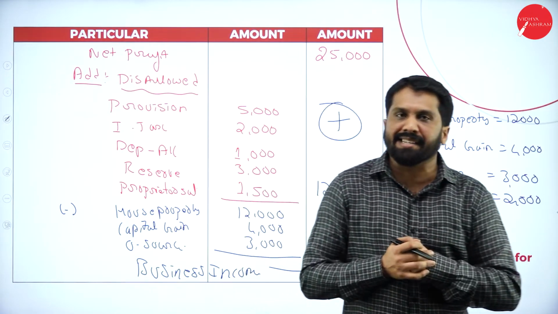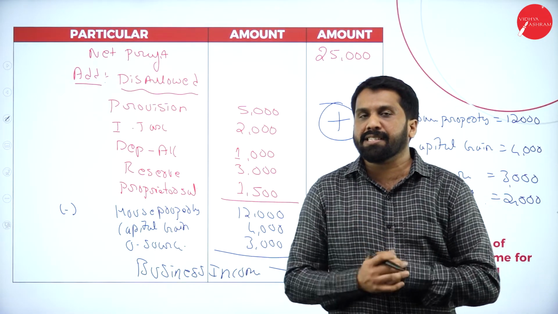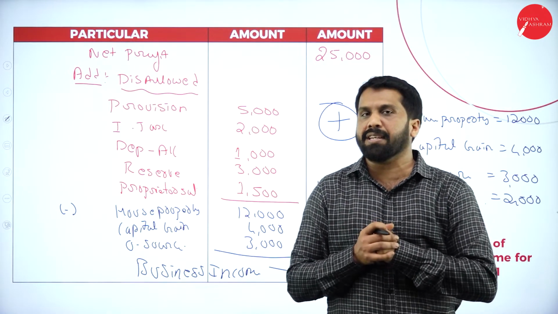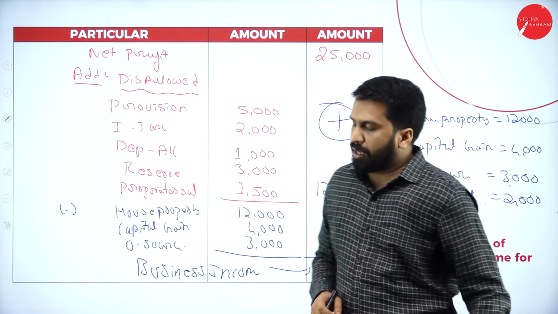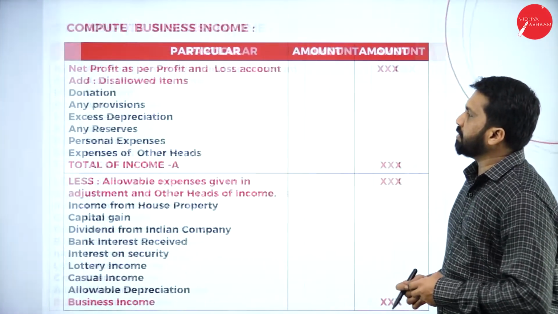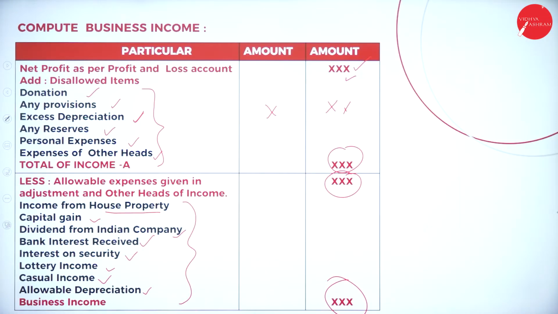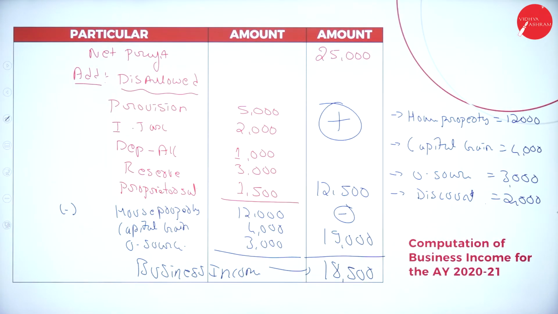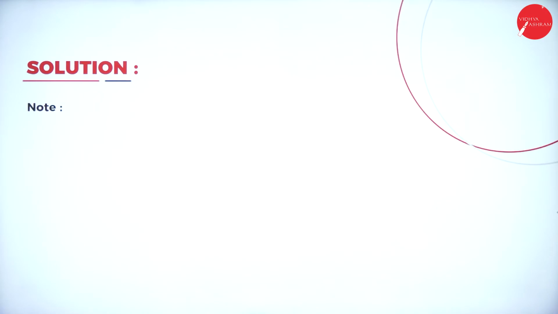This is just an example problem, and in the next session, we will work out one complete problem of your examination. Now, I'll go back to the previous slides. Please take a screenshot. This is the format of business income, and this is an example problem. If you want, you can take it, or if you understood, that is enough.